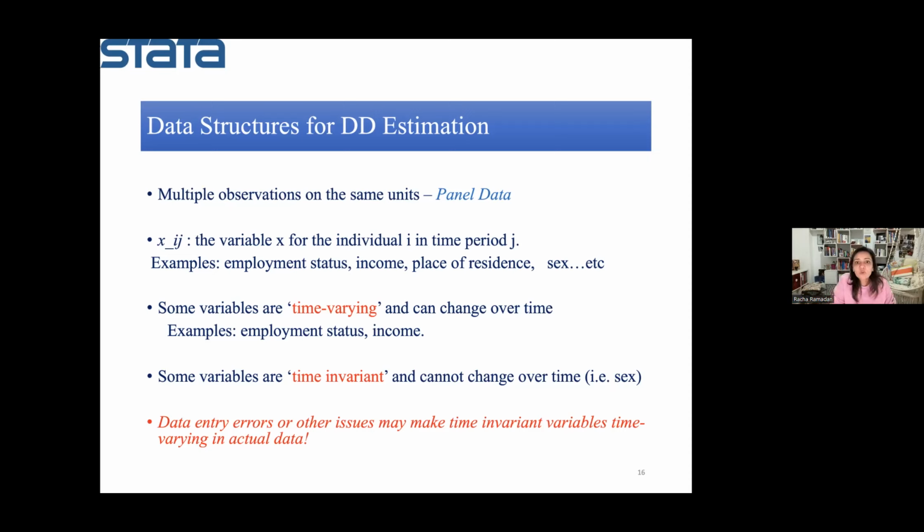Or someone who had 20 years in 2012 and 20 years in 2020, this means that there's something wrong. So you need to be sure that things that are not supposed to change over time are really fixed over time, and things that change over time, yes, you can observe that they are changing over time. And if there is something that doesn't make sense, this means that maybe there is a data entry error and you have to correct for it.